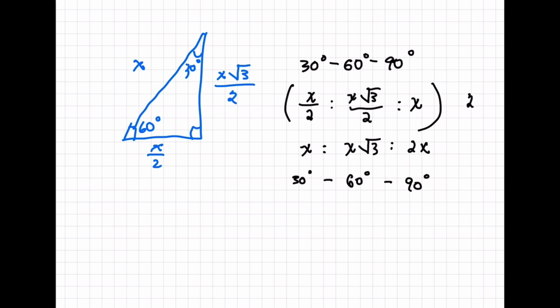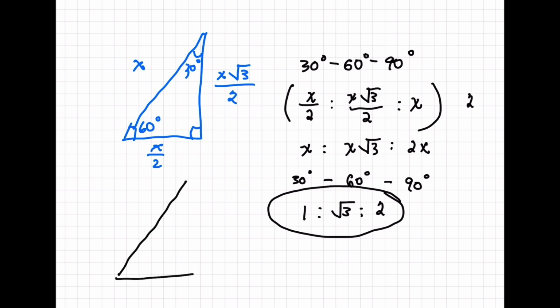I can also simplify this as, if I assign 1 as the value of x, that's going to be 1 is to square root of 3 is to 2. So these are the final sides that I will assign to my 30, 60, 90 triangle.